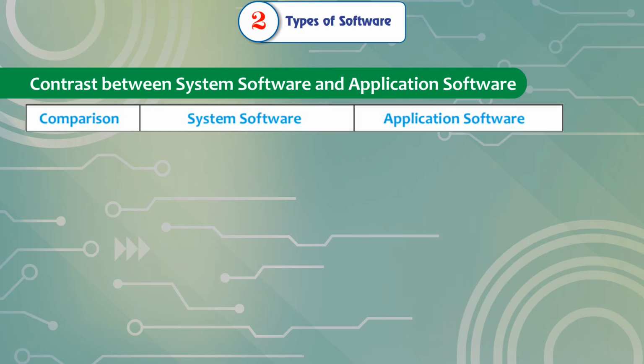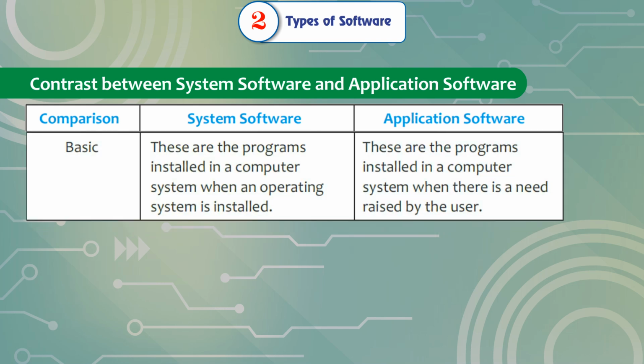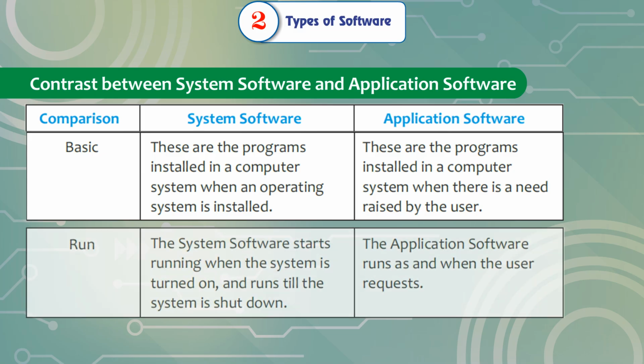Contrast between system software and application software. Comparison: system software, application software. Basic: these are the programs installed in a computer system when an operating system is installed. These are the programs installed in a computer system when there is a need raised by the user.